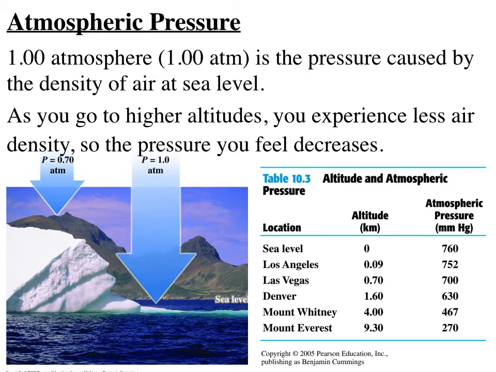So that's a drop off of about almost a fourth, not quite, of the air pressure when you get to that altitude. Notice by the time you get up to the top of Mount Everest, the pressure at the top of Mount Everest is 270 millimeters of mercury due to the rarefaction of the air. And again, that is about 1/3 the pressure that we experience here at the surface of the Earth.